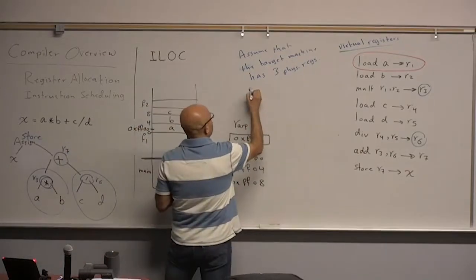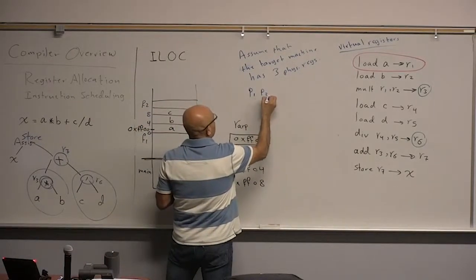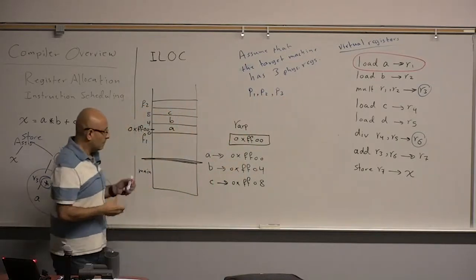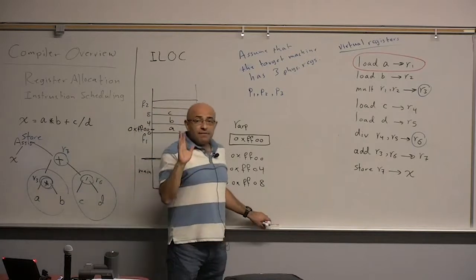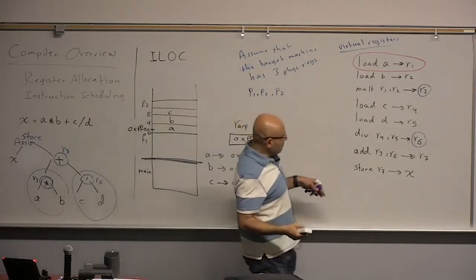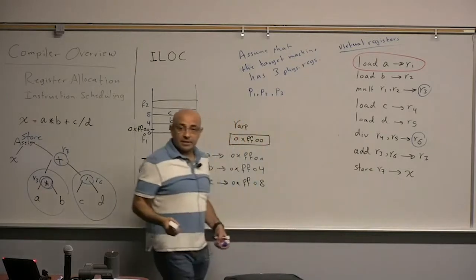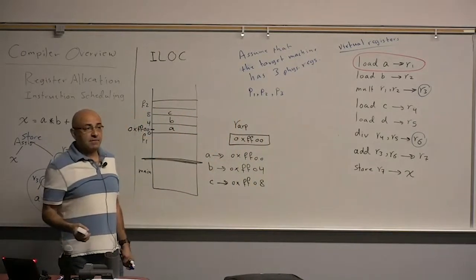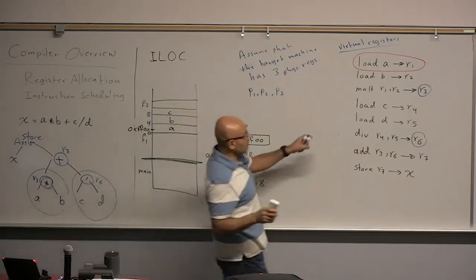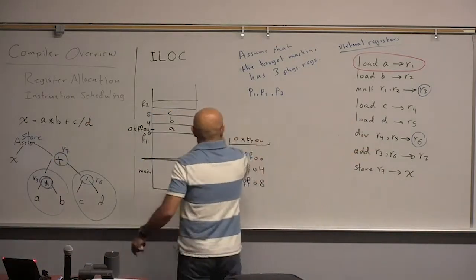So let's call them P1, P2, and P3. So we have 3 physical registers on the target machine. And how many virtual registers do we have here? 7. So the job of the register allocator is to do the mapping between these.